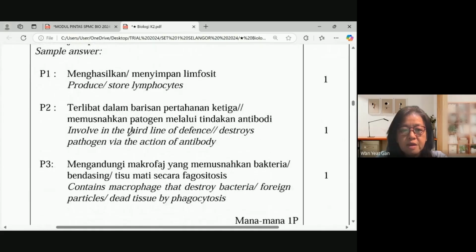So it is involved in lymphocytes secreting antibodies to act against antigens. The antibodies will destroy the pathogen or antigen, and the lymph node also contains macrophages that destroy bacteria.